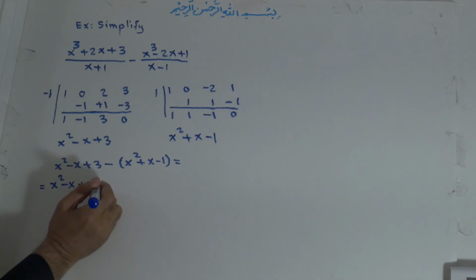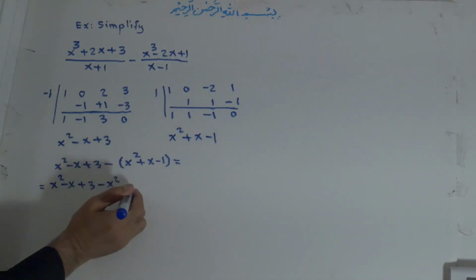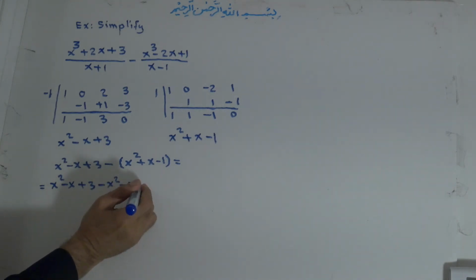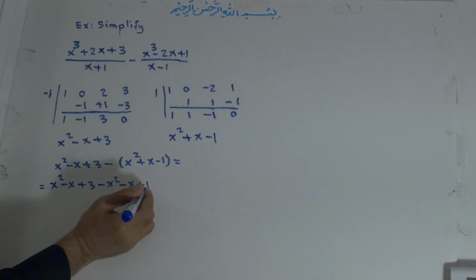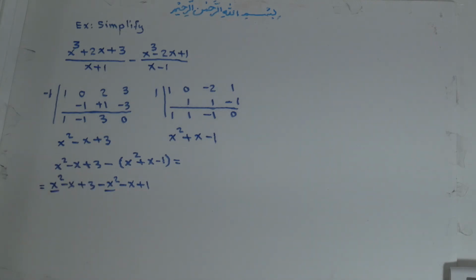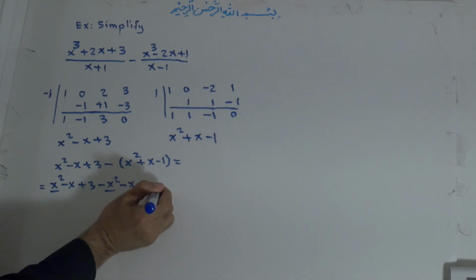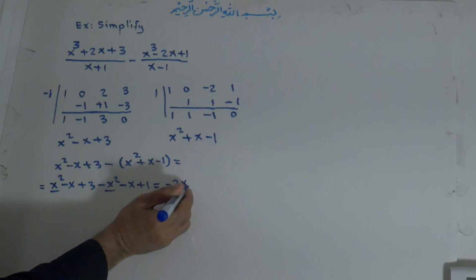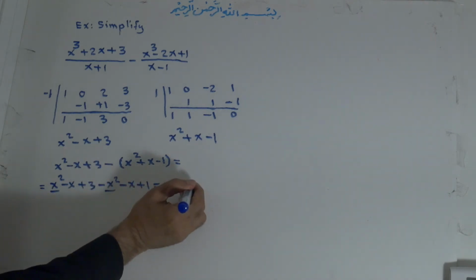Negative times positive is negative x to the power of 2, and negative times positive x is negative x, and negative times negative is positive 1. Now x to the power of 2 cancels with negative x to the power of 2, and negative x minus x becomes minus 2x, plus 3 and plus 1 is plus 4.